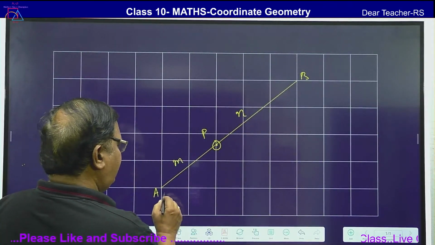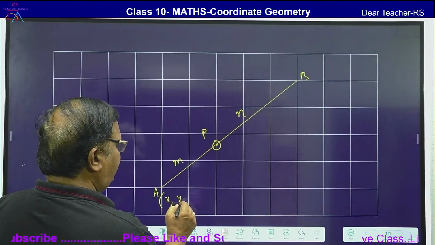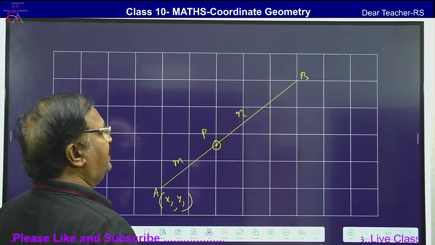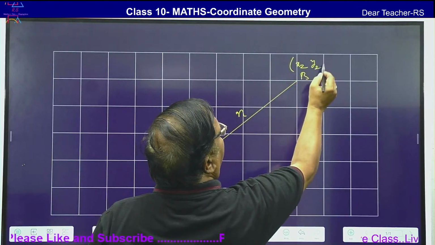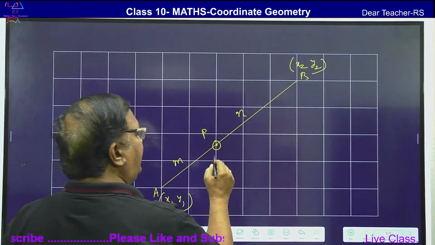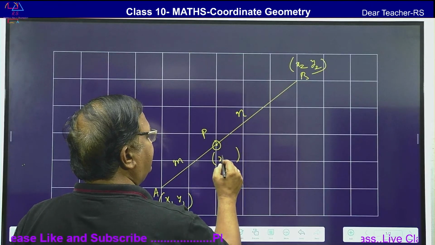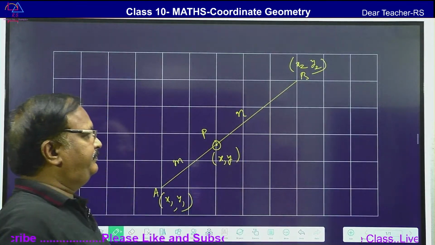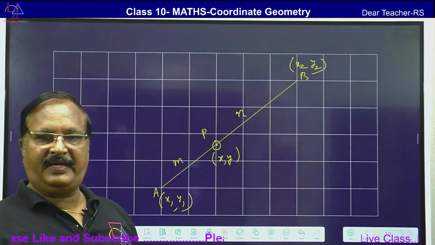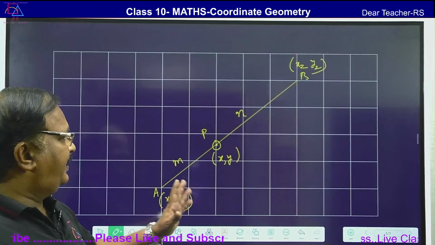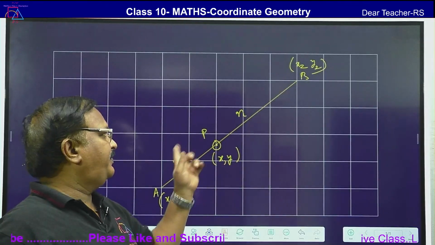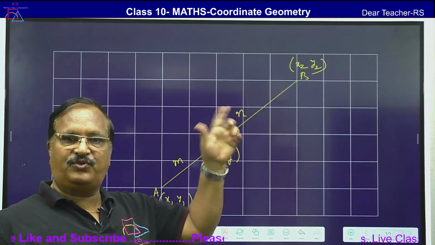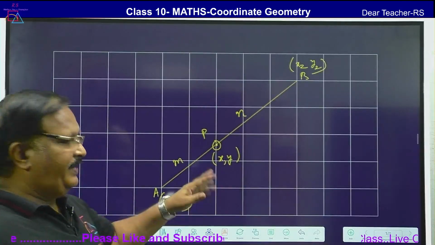Given that these are the coordinates x1, y1, and this is x2, y2. Now, we have to find out the coordinates of this point, let us say x and y. Our target is to find x in terms of m, n, x1, y1, x2, y2, and the y value.